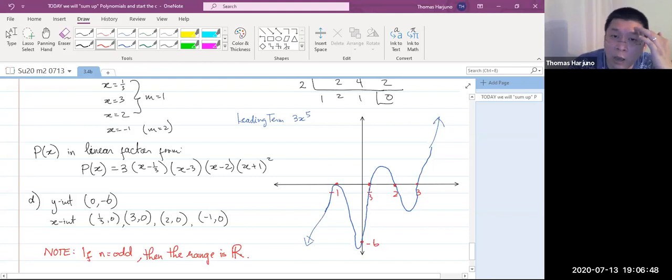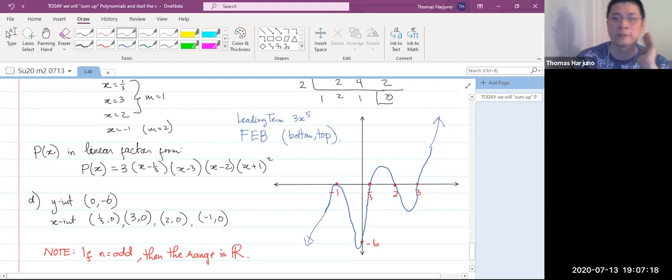Like when we have a quadratic function, the range is not all real numbers. It's only up to a certain number or down to a certain number. But once the degree is odd, you see that it goes to negative infinity on the left-hand side here, and it goes to positive infinity on the right-hand side there. Okay, so the far end behavior you will see will be top bottom or bottom top. In this case, bottom top. Only when the degree is odd.